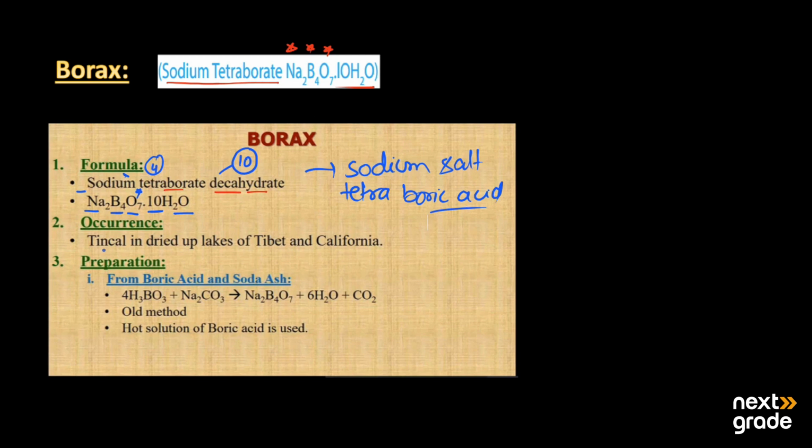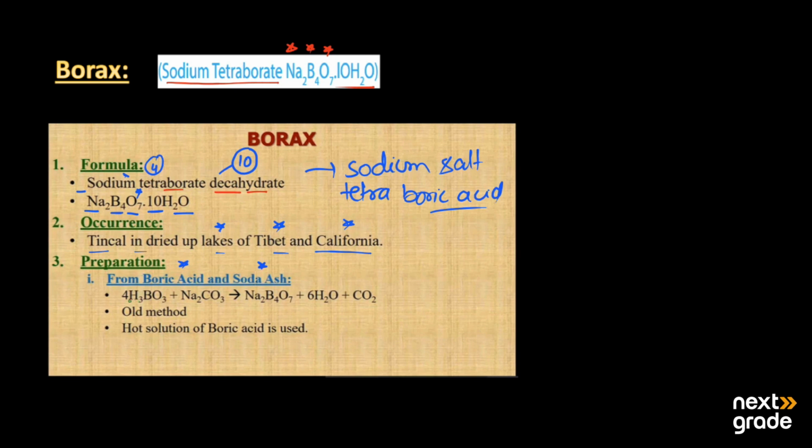Then we have the occurrence of borax. Tincal is found in dried up lakes of Tibet and California. It is mainly found in California and Tibet as lakes in the form of tincal powder. Then we have the simple preparation method. It can be prepared from boric acid and soda ash.